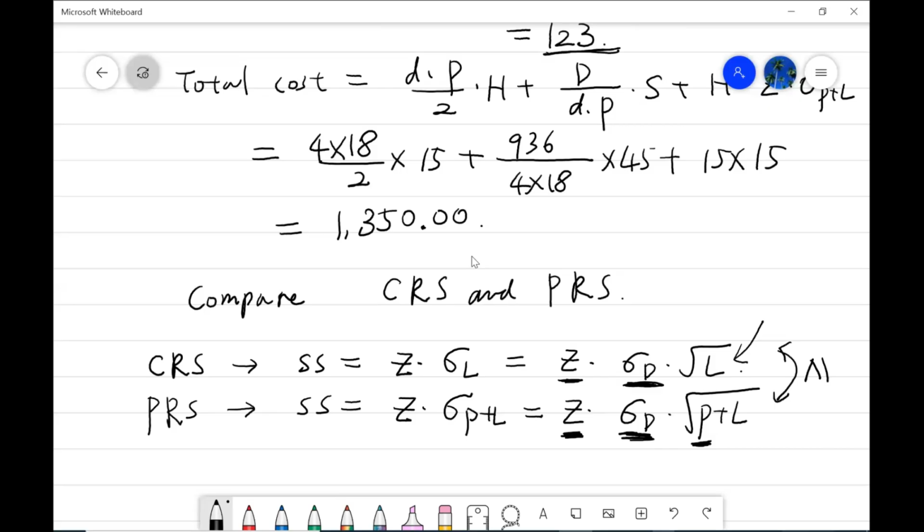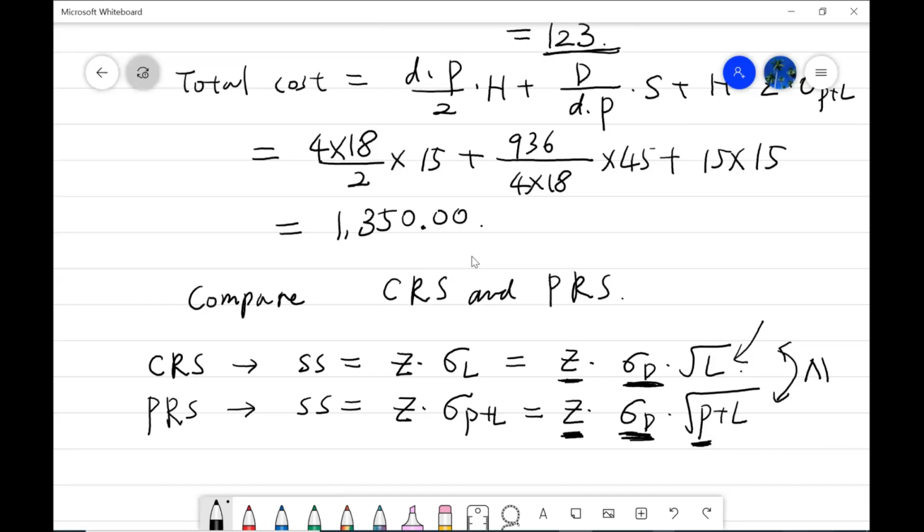So the question is why? Why do we need more safety stock under the periodic review system than the continuous review system? Imagine the continuous review system, okay? Under the continuous review system, you keep watching your inventory.